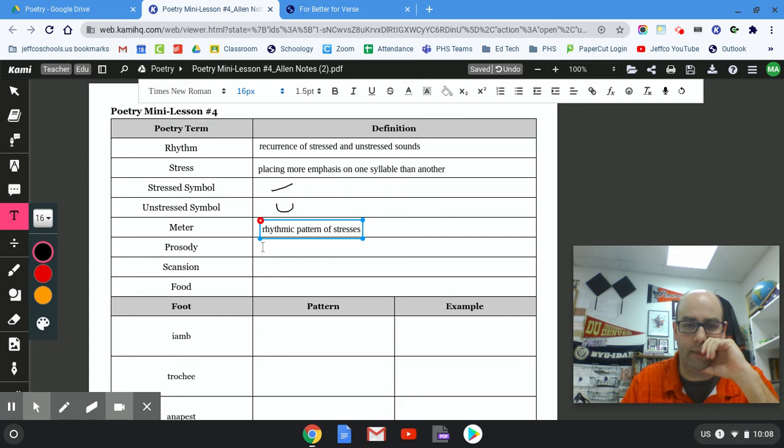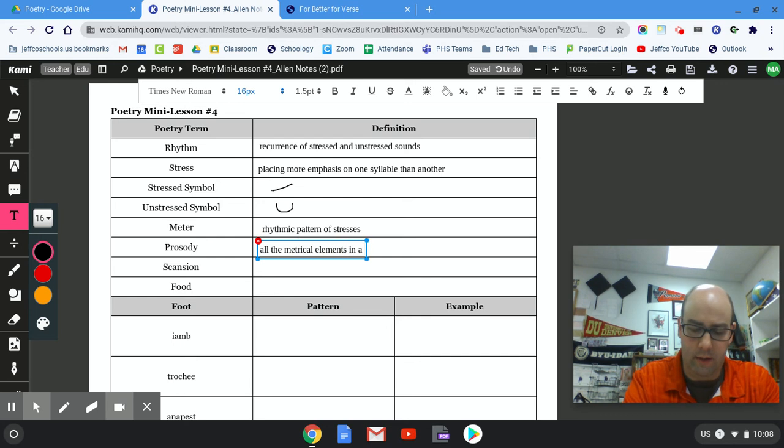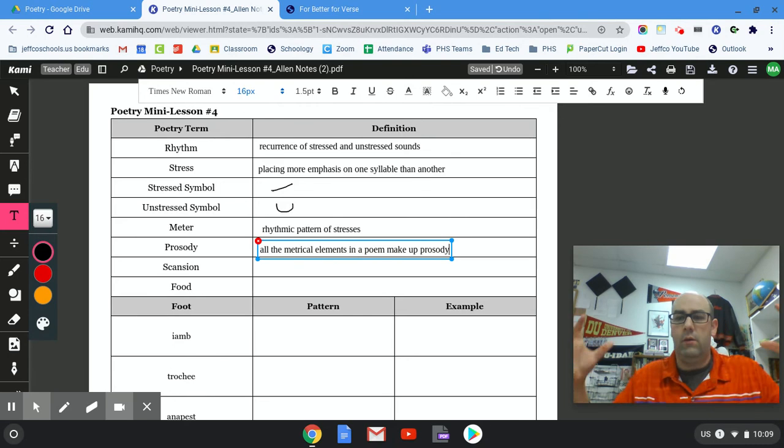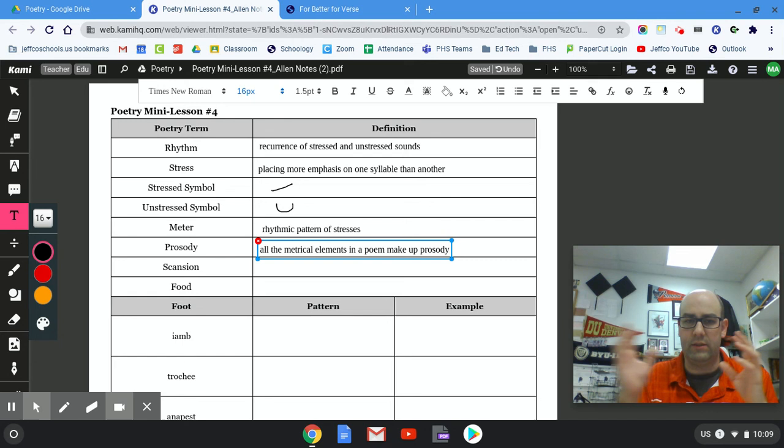The term prosody: all the metrical elements in a poem make up prosody. So what we would say is, all right, we're going to look at the prosody of this poem. And we're looking at all of the metrical elements, the rhythm, the stresses, all of that, the meter. We're looking at all those things.